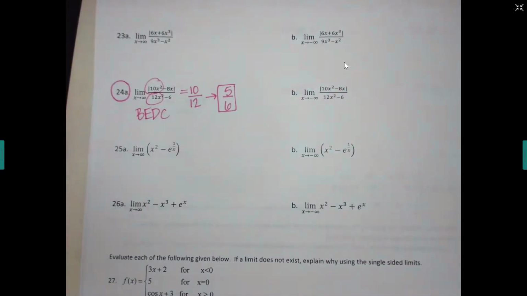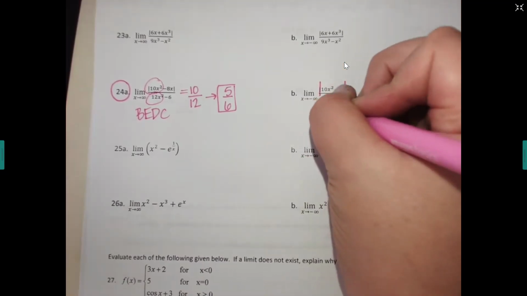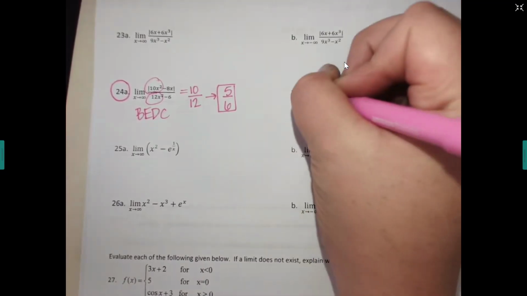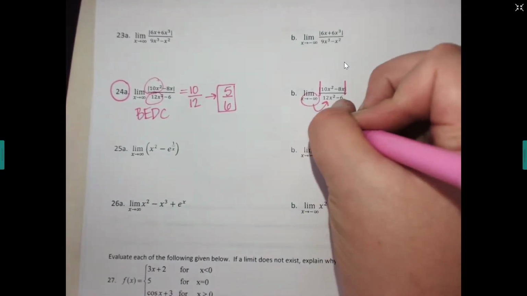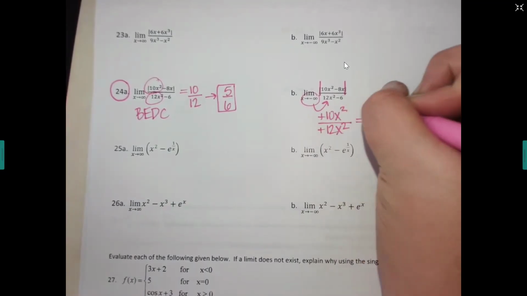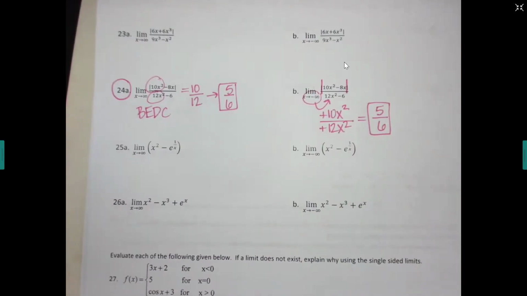When I take my negative infinity and I absolute value it on top, what's going to happen to the 10? Positive or negative? Positive 10. Okay, then I'm going to take my negative infinity and I'm going to square it in the bottom. How will the 12 come out? Also positive, which means that for this one, I'm going to get 5/6 again, still positive. Even though it's a weirdo, the ends can come out exactly the same. Okay?